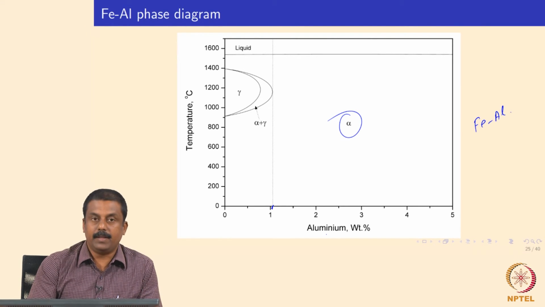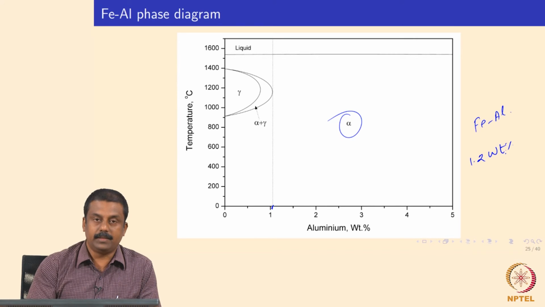Because of the partitioning of aluminum to the delta ferrite when solidification happens in aluminum based strip steel, when the aluminum concentration in the delta ferrite goes above a critical limit, roughly 1.2 weight percent in the iron aluminum system, the microstructure is stabilized to a single phase delta ferrite.